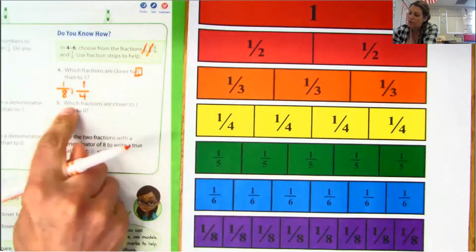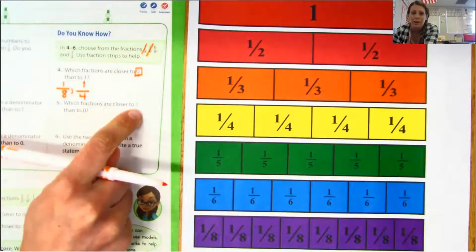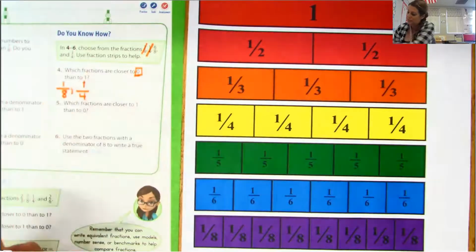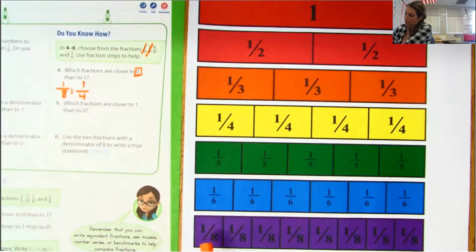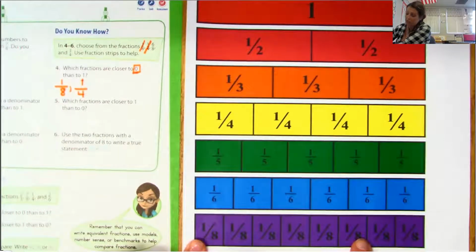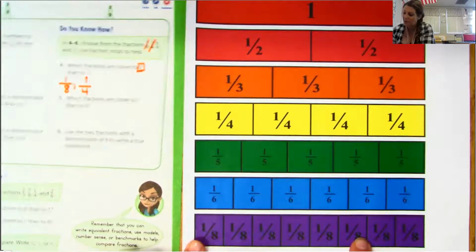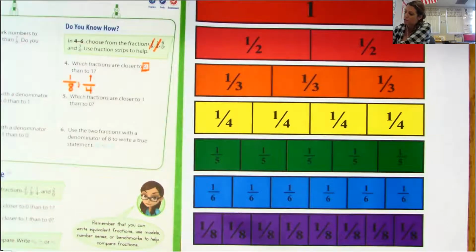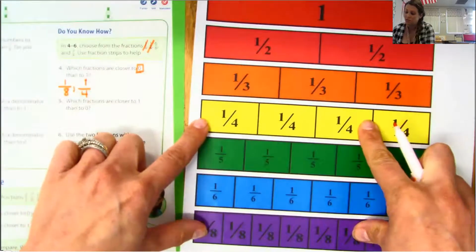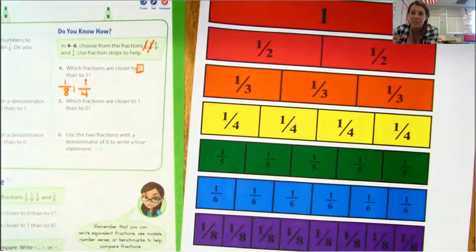So now they want to know which fractions are closer to 1 than to 0. Well, we have 2 left. We've got 6/8, which we looked at. 1, 2, 3, 4, 5, 6. That's pretty close to 1, right? And then what's the other one? 3/4. 1, 2, 3. That's pretty close too. Those are equivalent fractions.